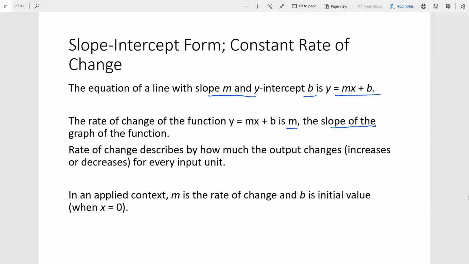The rate of change describes how much the output changes for every input unit. In applied context, m is the rate of change, and b is the initial value when x equals 0.